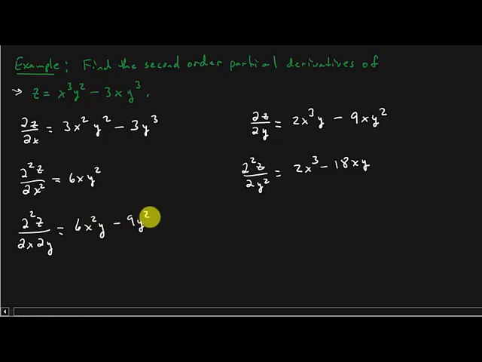All right. Now let's find the second partial of z with respect to y and then with respect to x. So you see here, I took the partial of this with respect to y. See that? Which I got here. Now I take the partial of this with respect to x. So that's going to be 6x squared y minus 9y squared.